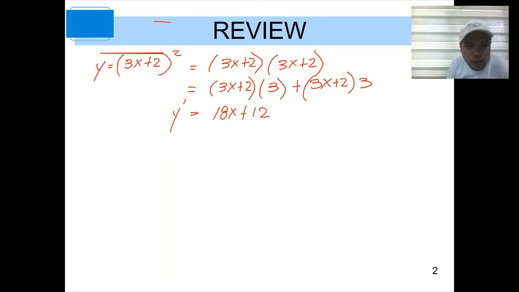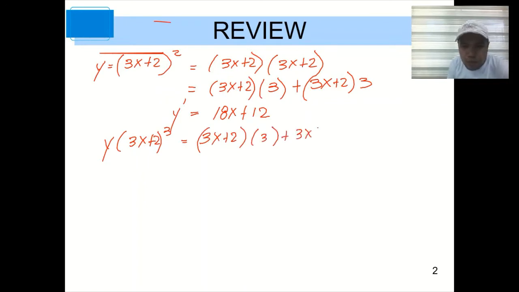Now, what if the question is y is equal to (3x plus 2) raised to 3? Same format still: 3x plus 2 times 3, plus 3x plus 2 times 3, plus 3x plus 2 times 3.